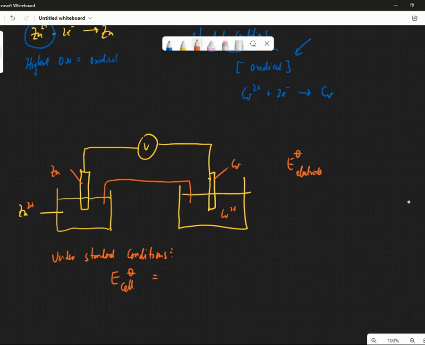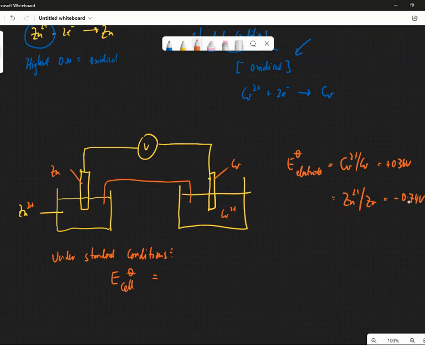E electrode standard for the copper system is equal to plus 0.34 volts. And E electrode for the zinc system is minus, what is it? I've forgotten it. 0.74, I think. Is that right? Anyone? I think that's right.